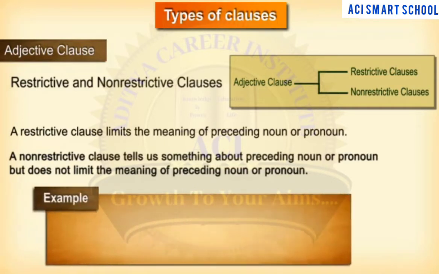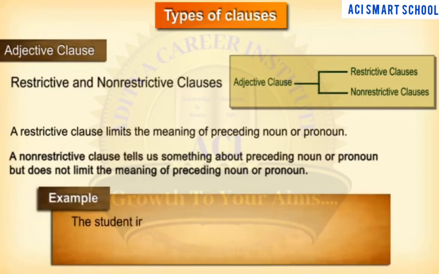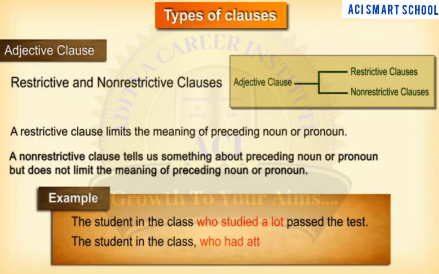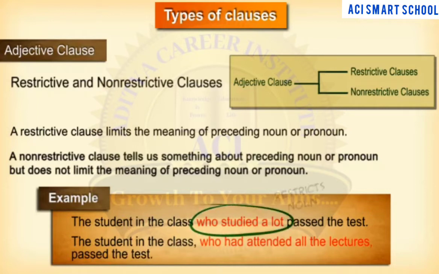Let us take an example. The student in the class who studied a lot passed the test. The student in the class, who had attended all the lectures, passed the test. In the first sentence, the clause who studied a lot restricts the information to the preceding noun, student. It means that there is only one student in the class who studied a lot, hence it is a restrictive clause.